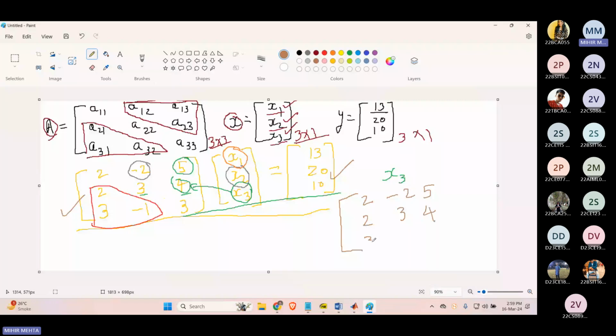This is 3, minus 1, 3. And you usually write an augmented matrix something like this, and then here you write 13, 20, 10. But since you cannot draw this particular line in MATLAB, we simply take this as 3 rows and 4 columns, where the fourth column is nothing but my Y matrix, which is being added to this particular part.